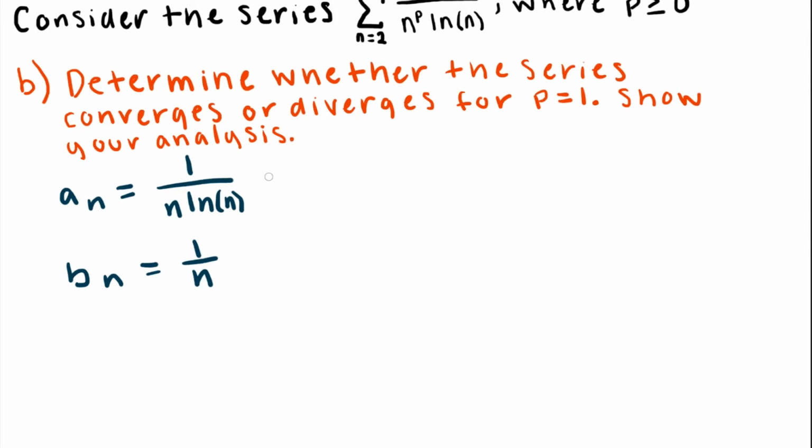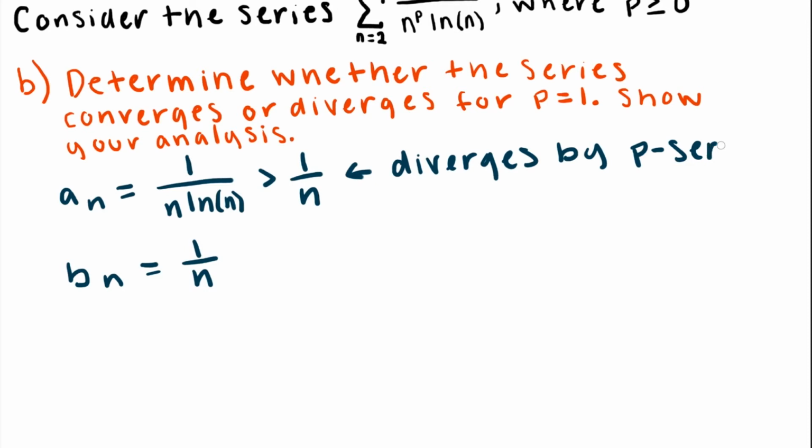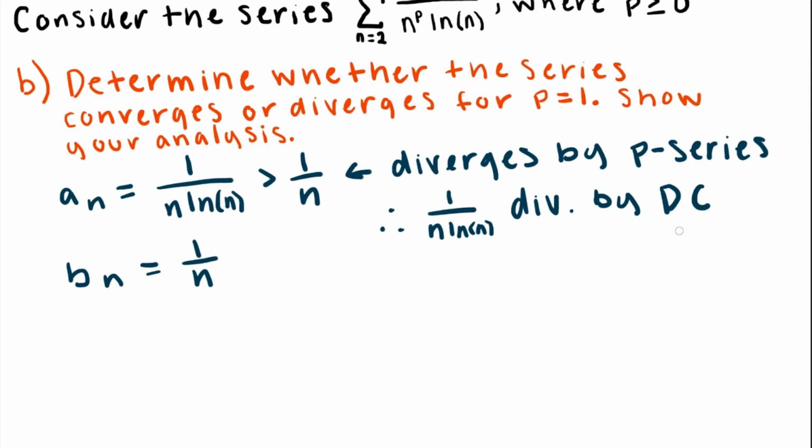In this case, our a of n is greater than our b of n, and this series diverges by p series. Since our a of n is greater than our b of n, we can say that 1 over n ln of n diverges by direct comparison.